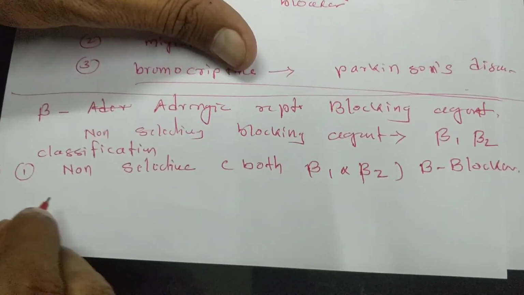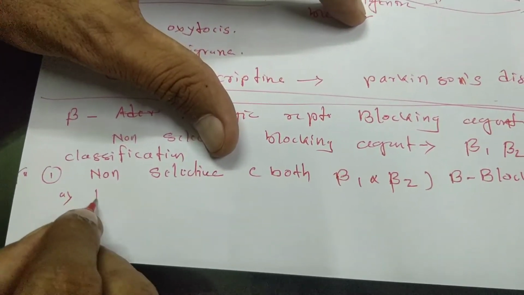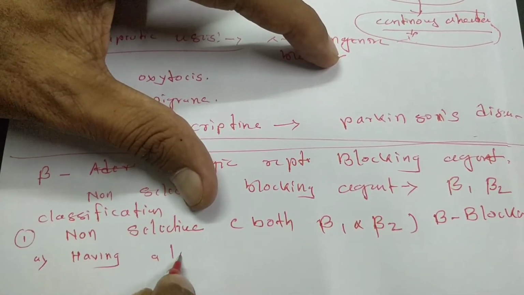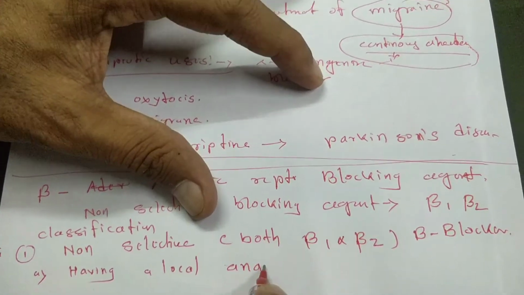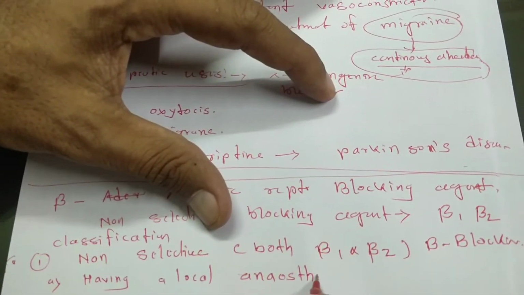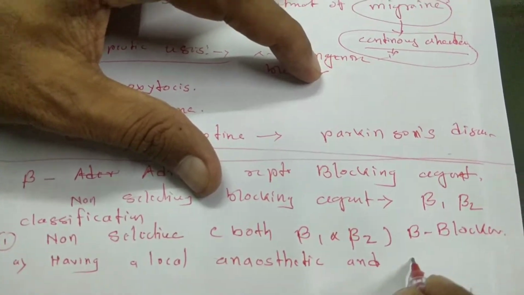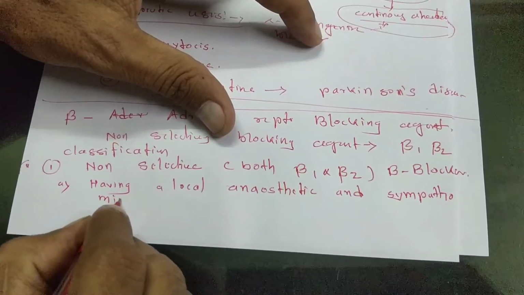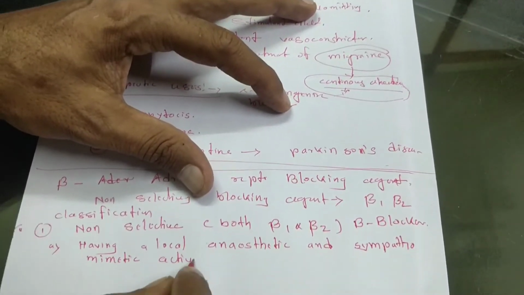Then again it is further classified: A, having local anesthetic and sympathomimetic activity.